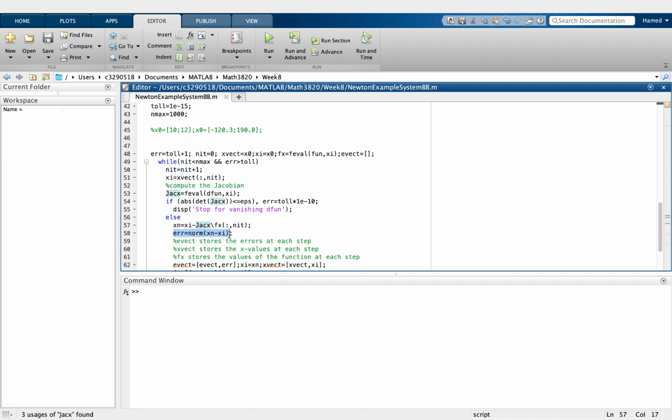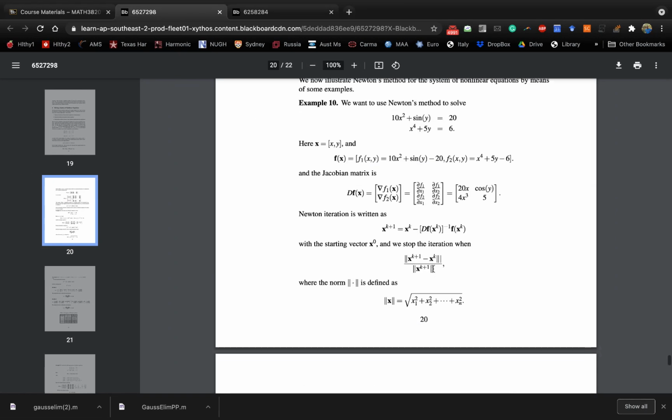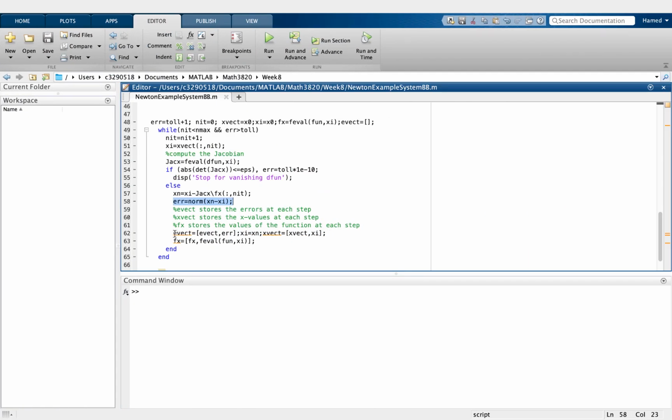Now the error is defined as the Euclidean norm of the absolute error, and the Euclidean norm is defined here. Here E vect is equal to E vect and error, so every time we add a column of error to our vect variables.